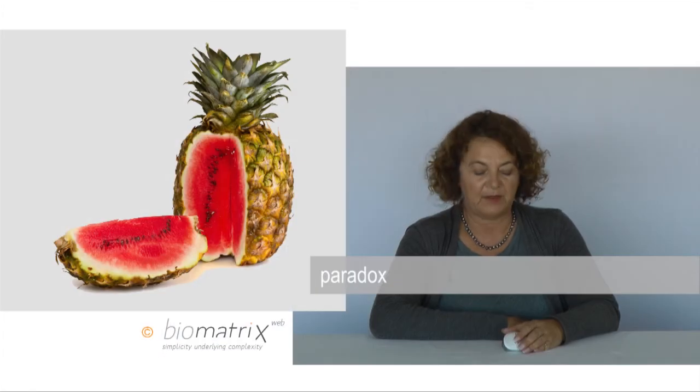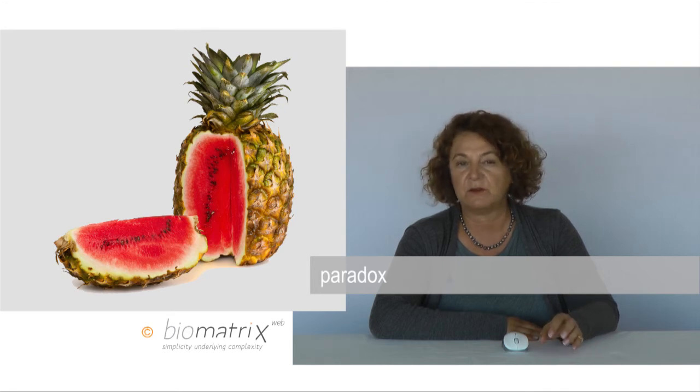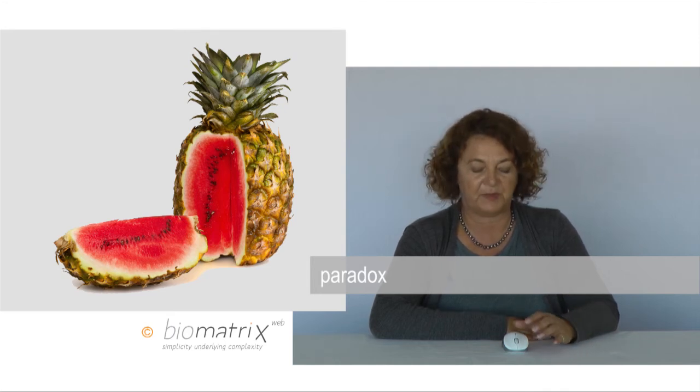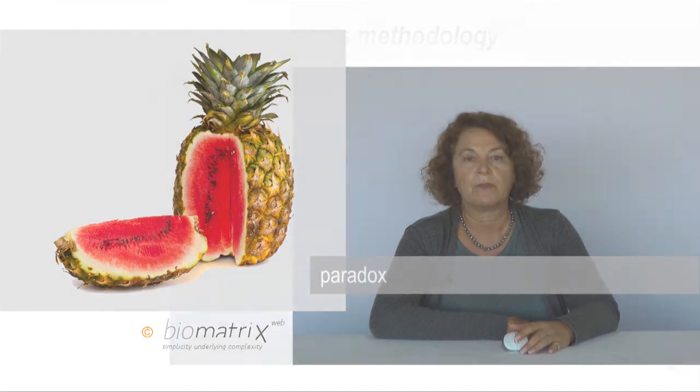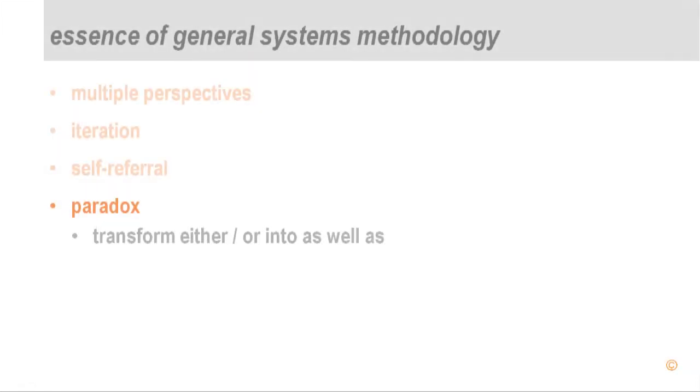Another systemic method is associated with paradox. If we have many diverse views within the system, some of those views will be paradoxical in the sense that they can't be resolved. And it would involve transforming either-or positions into as-well-as positions.